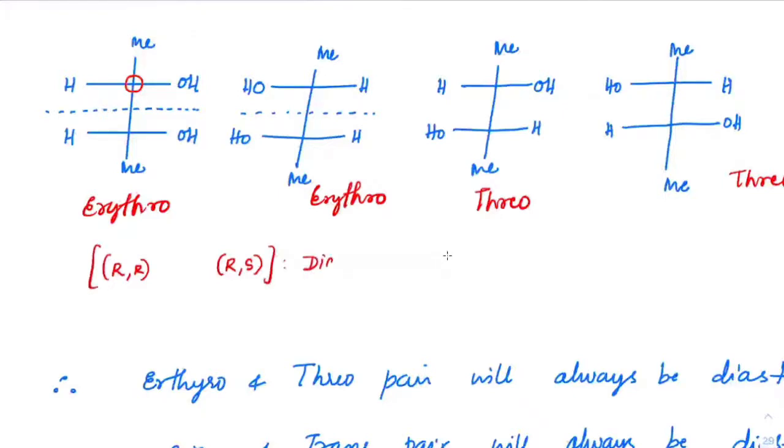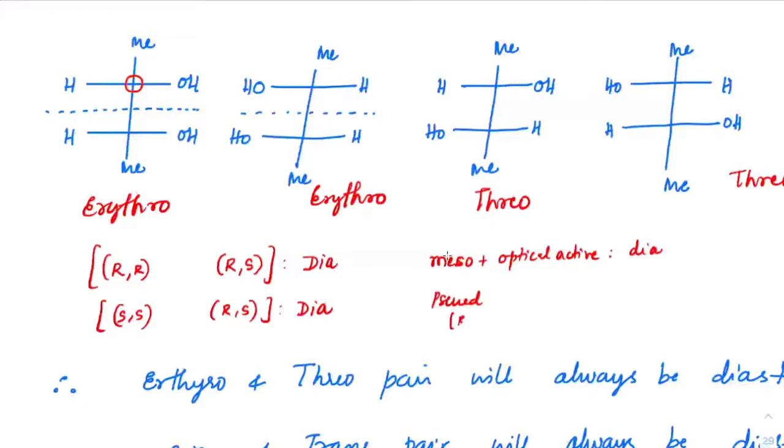Similarly, if I take SS of one molecule and RS of the other molecule, that will also be diastereomers. If I take one mesoform plus one optically active molecule, that will also be diastereomers. If I take some pseudo R form and some pseudo S form of the other molecule, they will also be diastereomers.